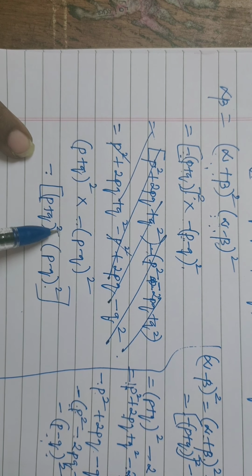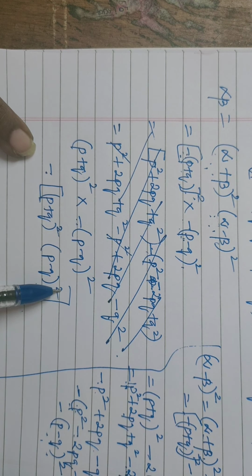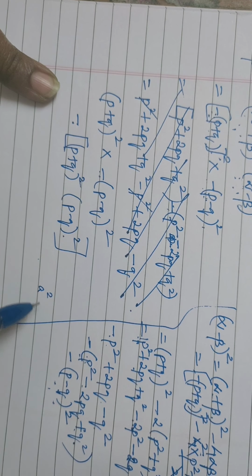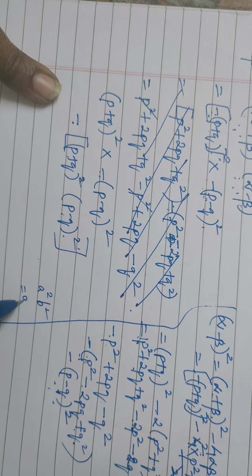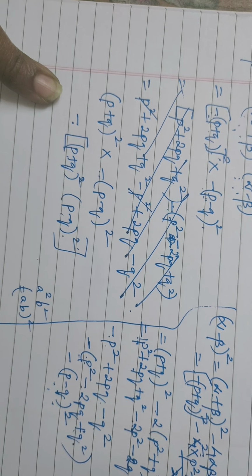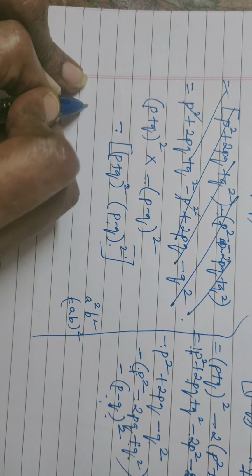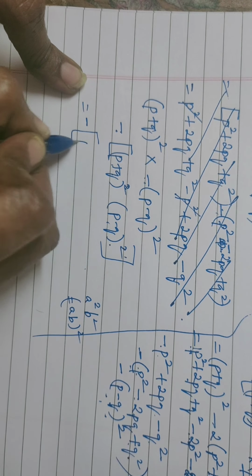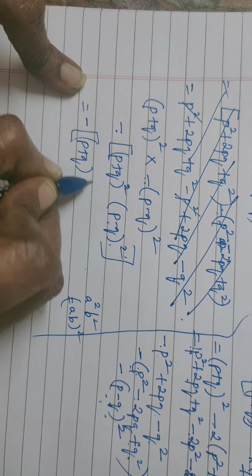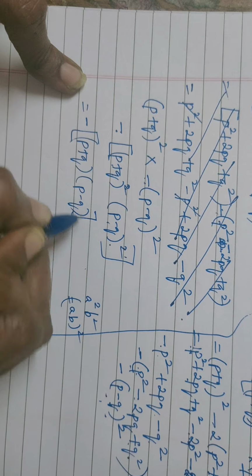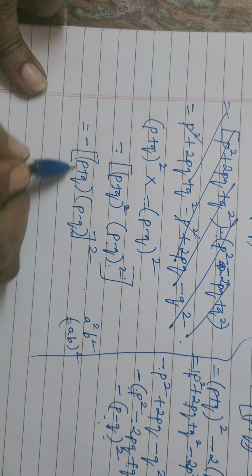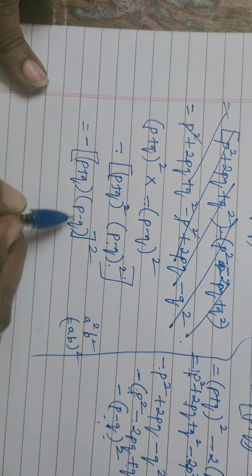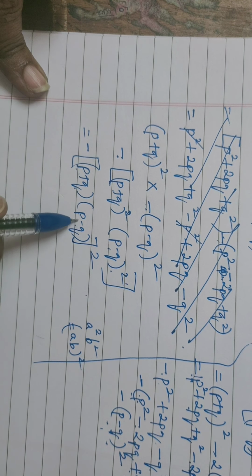Now what is this? Here also you have a square, here also you have a square. Like for example, if you have a square and b square, can I write it like this, ab the whole square? Yes, together. So similarly what I'm going to do, minus p plus q and p minus q, and together I have put a square here. Now this forms a plus b and a minus b.